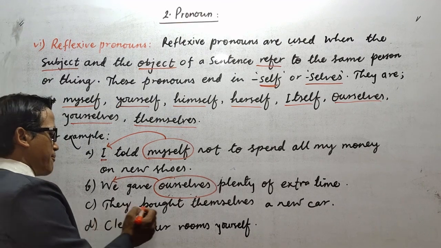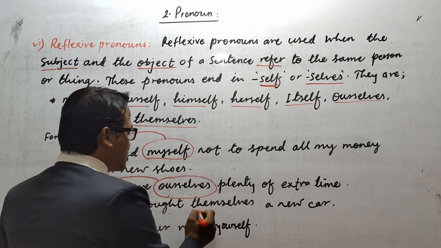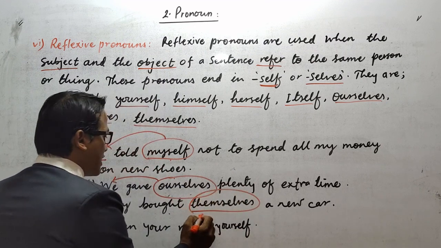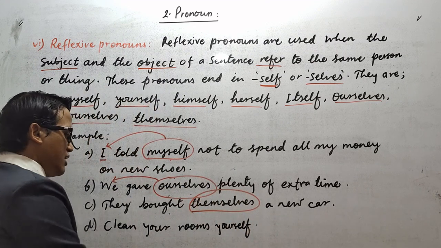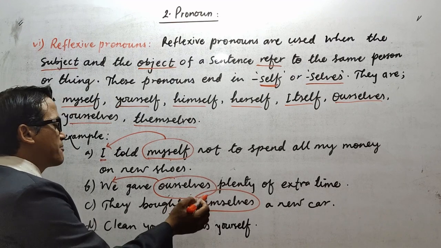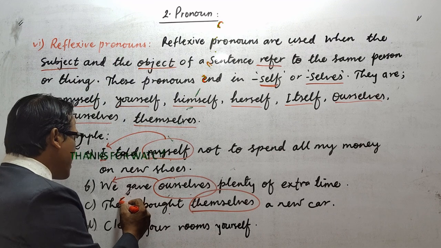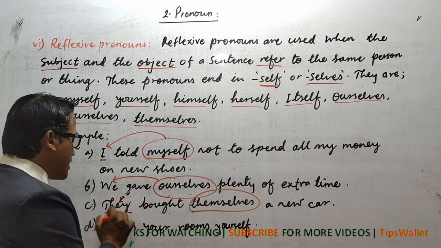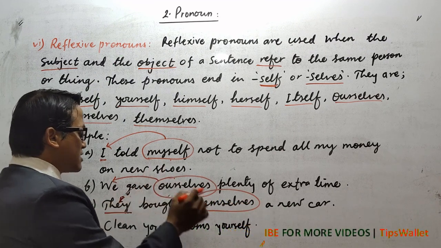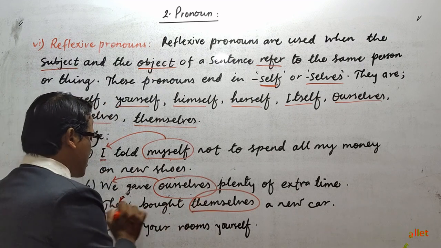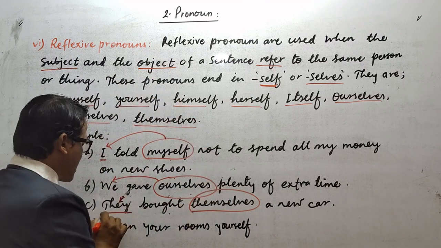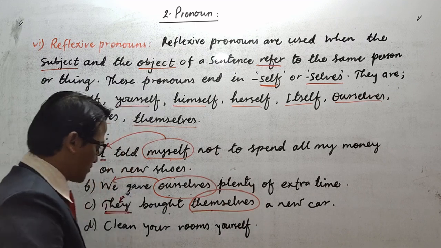Likewise, they bought themselves a new car. Here themselves is a reflexive pronoun. Why? Because themselves refers to they, because they is the subject acting in the sentence. So that's why the reflexive pronoun of they is themselves.